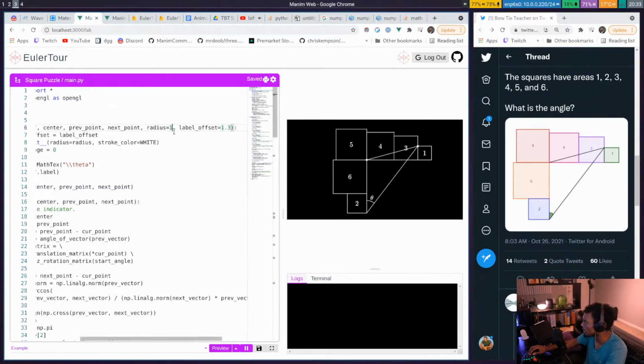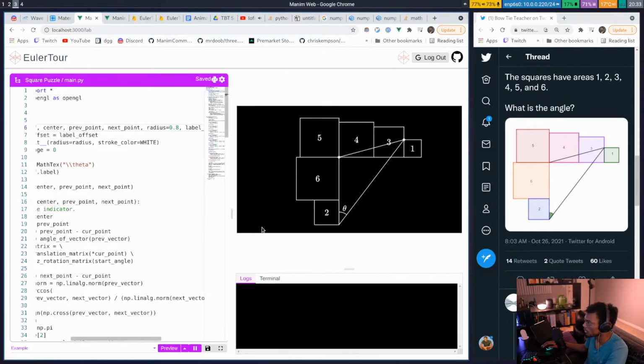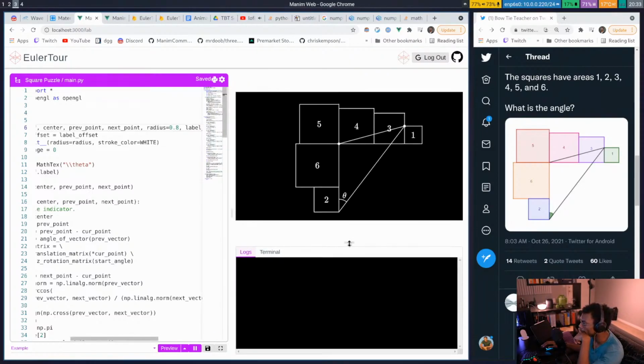I feel like this should actually be smaller. Maybe if this was 0.8. Yeah, 1.1. Great.